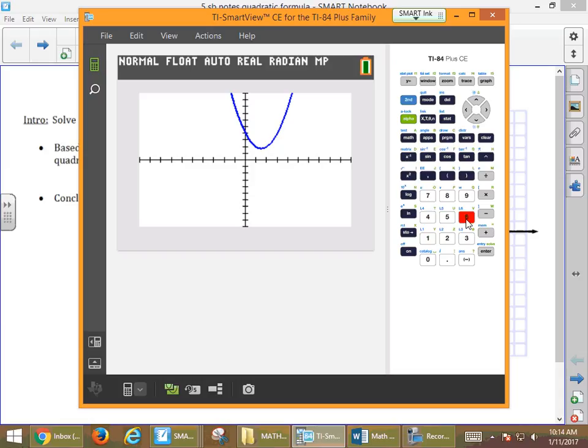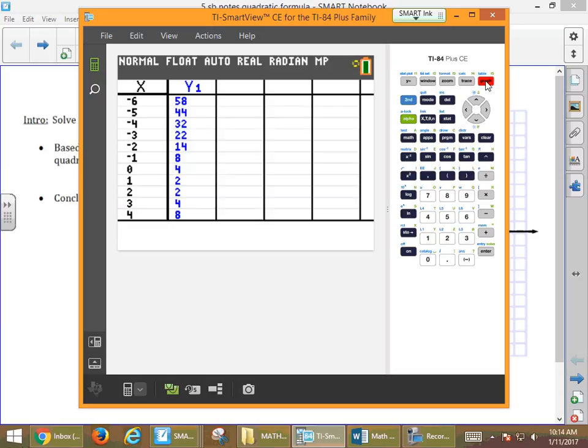And if we want to figure out the values on our graph, we can go to the table function. Remember that typically what happens is that I look for values that will fit on the graph.